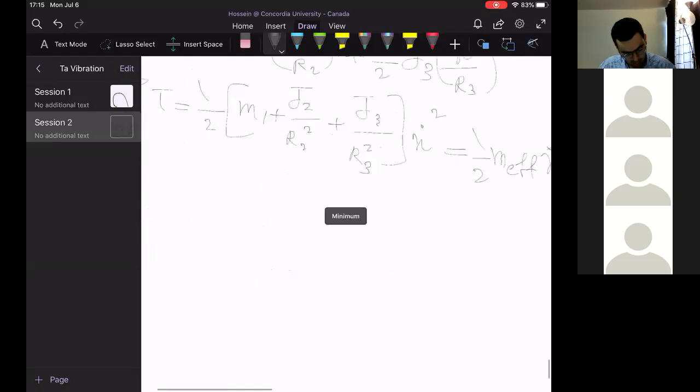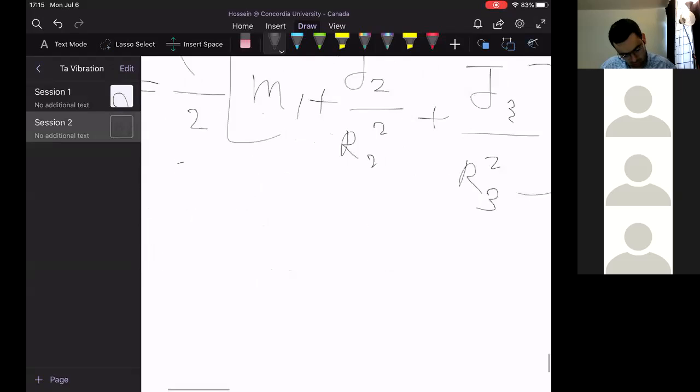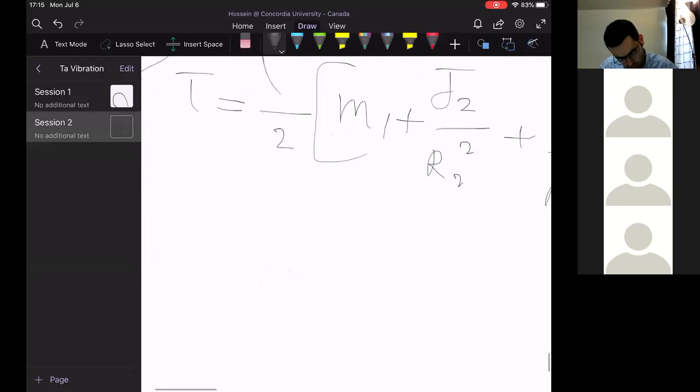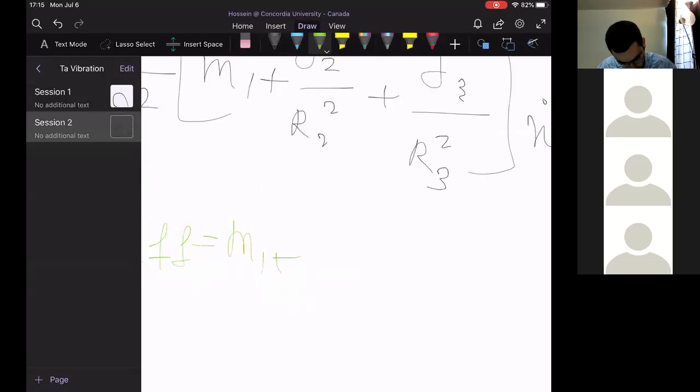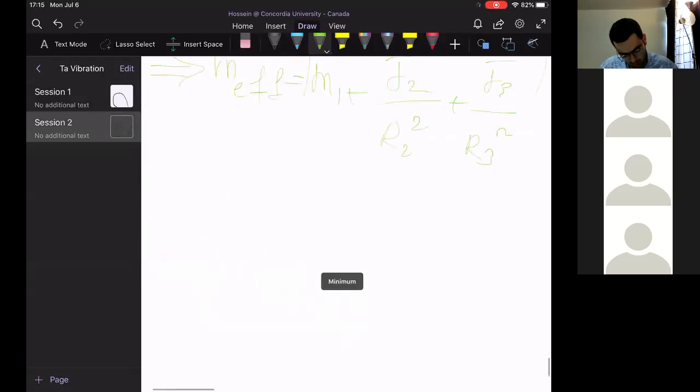Therefore, m effective is equal to m1 plus j2 over r2 squared plus j3 over r3 squared.